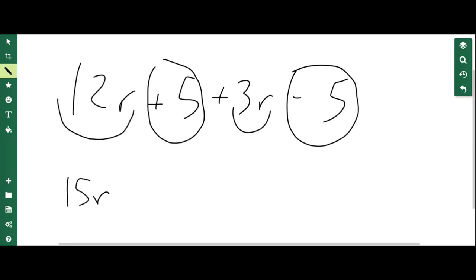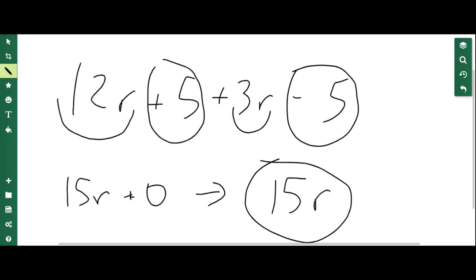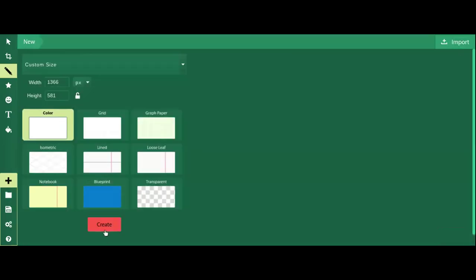And what is 5 plus a negative 5? So we find the difference. 5 minus 5 is 0. And there's no sign because it's just 0, so plus 0, or just 15r. And that's basically how we combine like terms, and it'll be very useful in future topics.